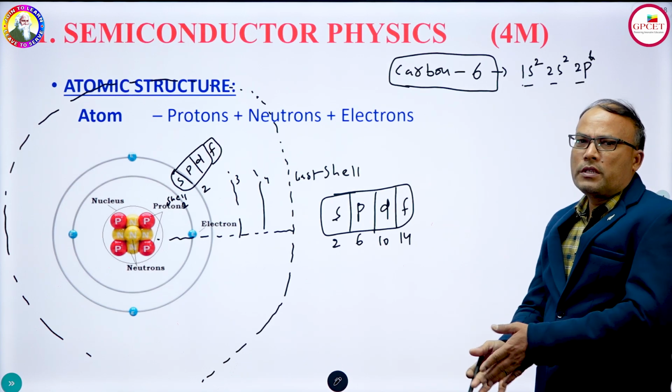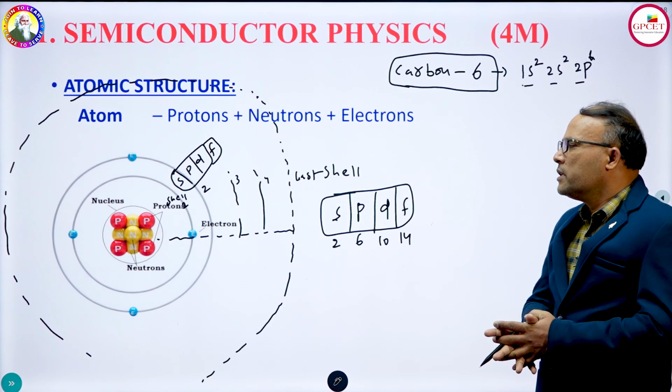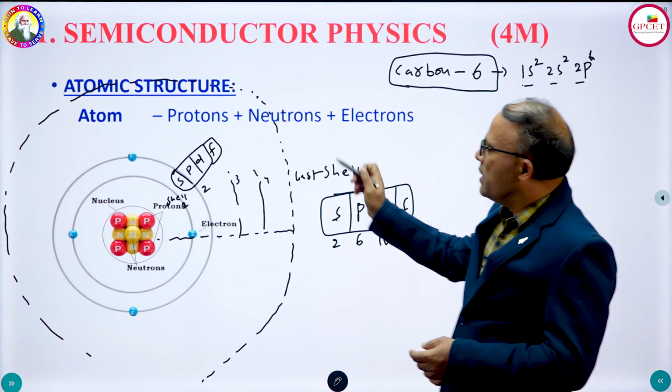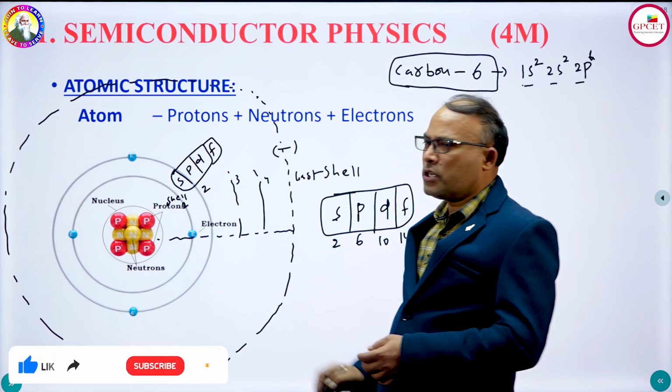Now let us see how current flows in this atomic structure. As I told you, the electrons at the outermost orbit carry a negative charge.